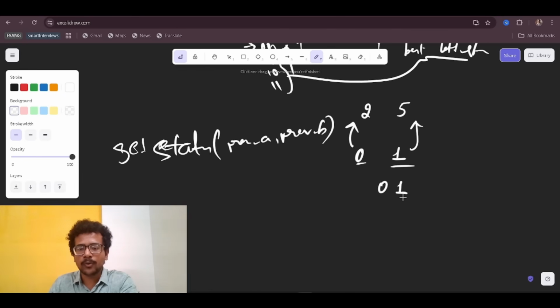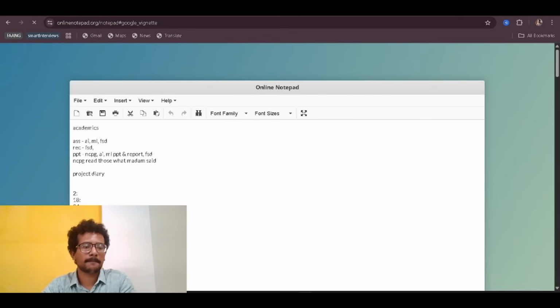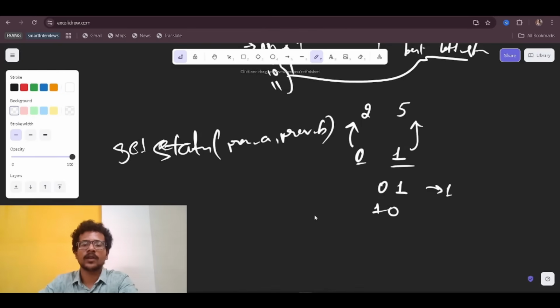So how do I get it? 0 or 1 would give me 1. That's what 0, 1 represents. 1, 0 is 2, and 2 or 0 would give me 2.